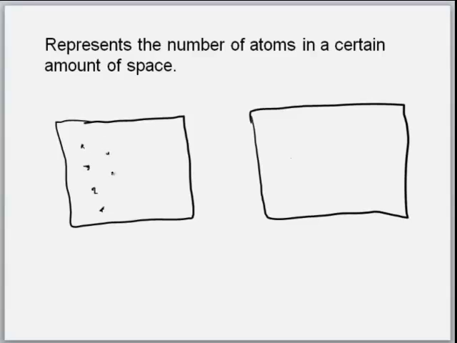So if you could look at this object and you could see that its atomic structure looked something like this, versus something that had an atomic structure where the atoms were further apart, the one that has more atoms is going to be more dense than the one that has fewer atoms. So the density of this object here would be greater than the density of this object here.